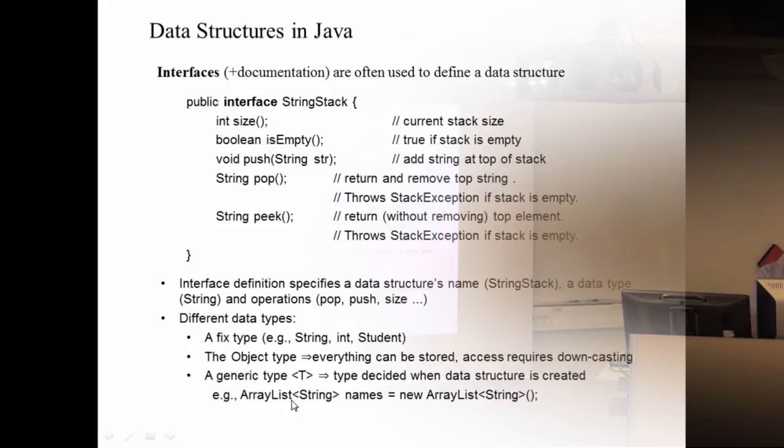For example, we have an ArrayList which is generic, and if you want a list of strings, we have this String type argument, so it becomes of type String. But if you want to create an ArrayList of doubles or integers, you can replace String with whatever type you are looking for.